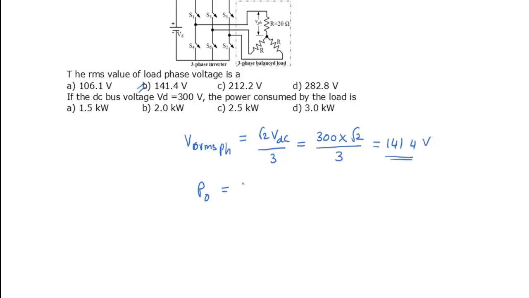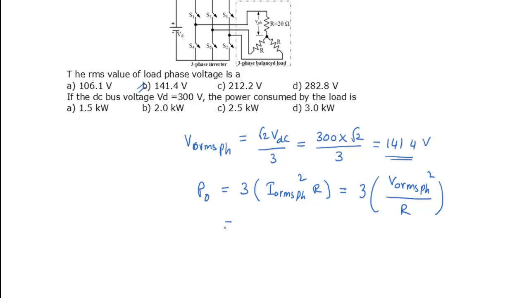It's a 3-phase system, so the power consumed is 3 times the RMS value of phase voltage squared divided by resistance. That's only applicable for a resistive load. So we can take V naught RMS phase square divided by resistance.